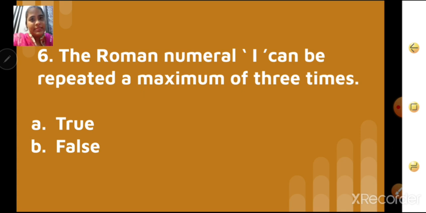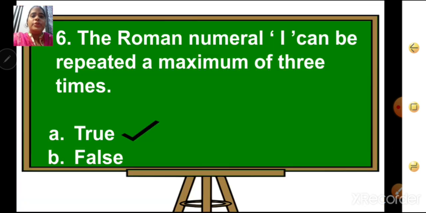Because any symbol in Roman numeral can be repeated only 3 times, or it cannot be repeated more than 3 times. That means I can write I how many times? 3 times. So it is correct. So I am going to tick on the option true. Okay. Children, this point we have discussed in our earlier video also.